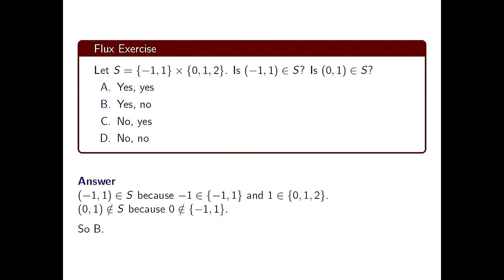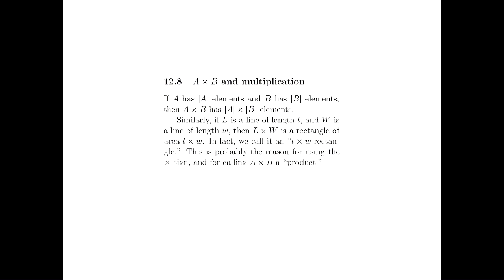Okay. So, just to finish off, there's some good reasons why we use a multiplication symbol here. Firstly, if A and B are finite, then the Cartesian product A cross B has size of A times size of B elements in it, right?